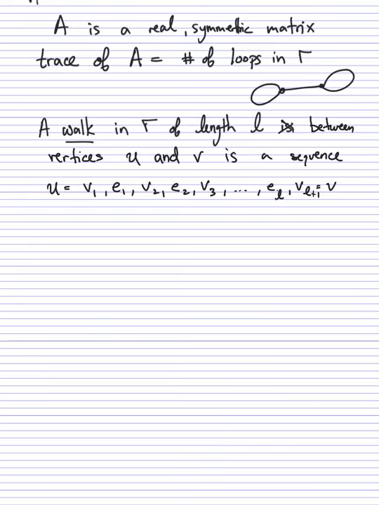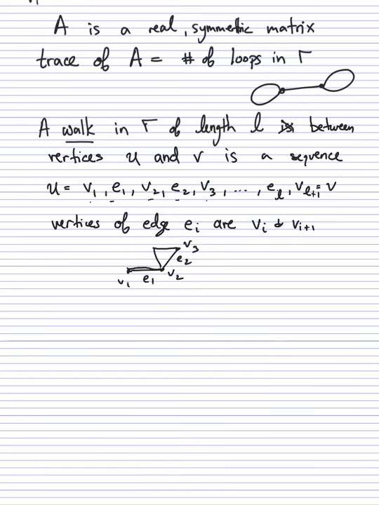So we have a sequence of vertex, edge, vertex, edge, and so on, and it's a walk on the graph, so you can guess what it means. The vertices are vertices of G, the edges are edges, and the vertices of the edge E_i are V_i and V_{i+1}. So you have V1, here's E1, then it goes to V2, here's E2, it goes to V3, and so on.